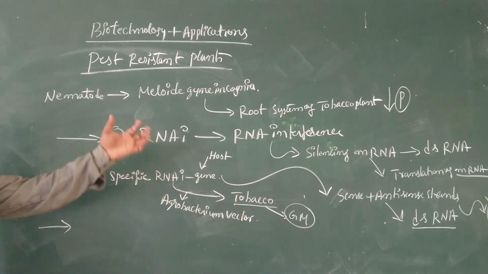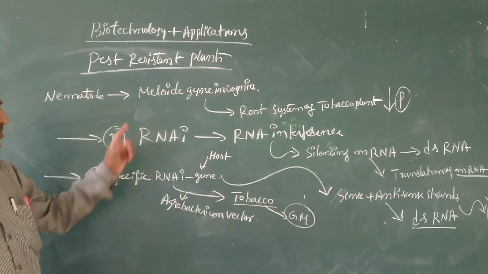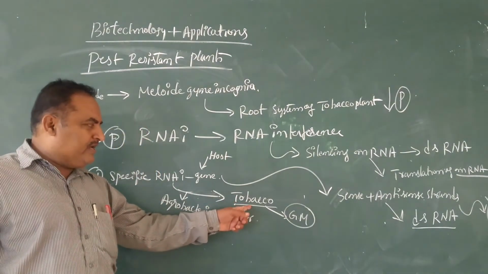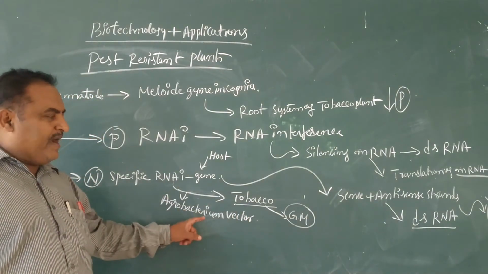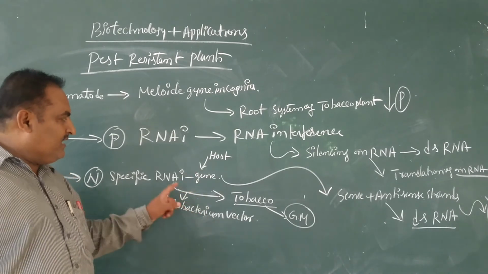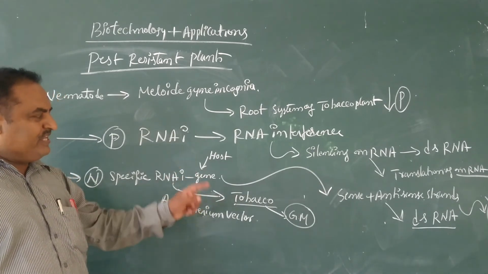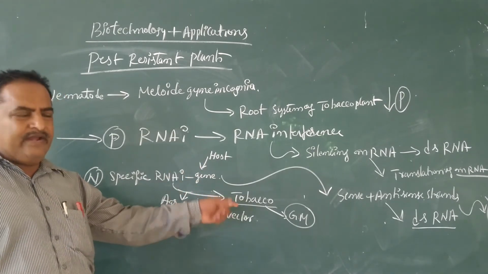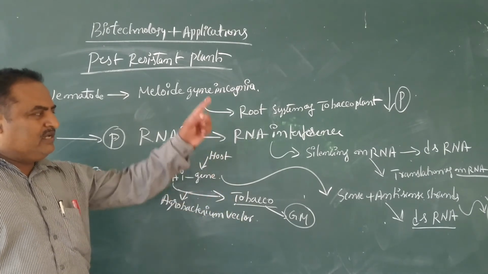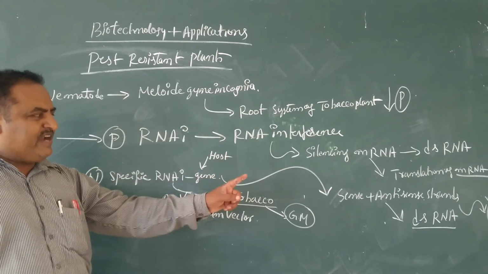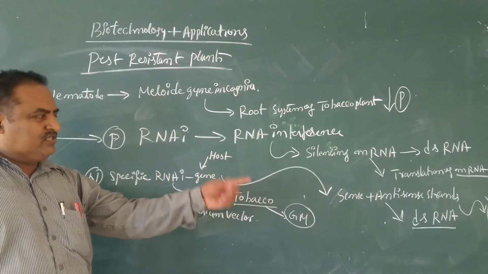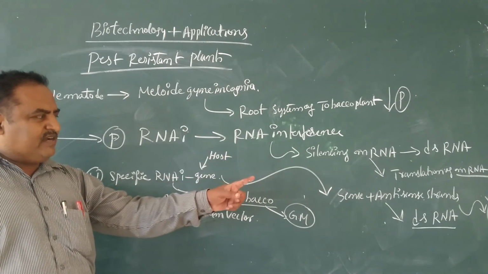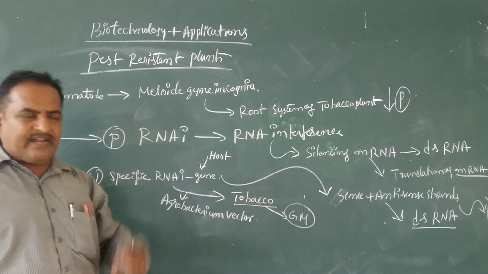RNAi producing genes which are extracted from the host cell are incorporated into the tobacco plant by using the Agrobacterium vector. Those RNAi genes inserted into the tobacco plant produce sense and antisense strands, which causes the formation of double-stranded RNA.